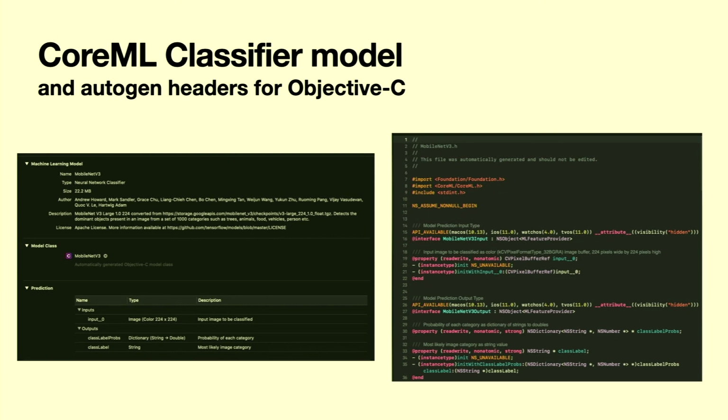But this is not new. This is new for Android this year, but if you try Core ML, iOS's machine learning framework, it was there from the beginning of Core ML, about 3 years ago.